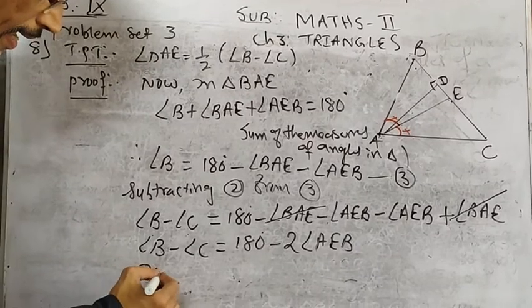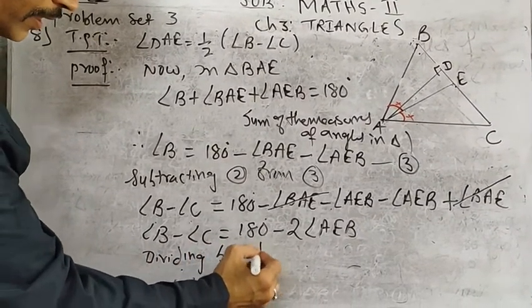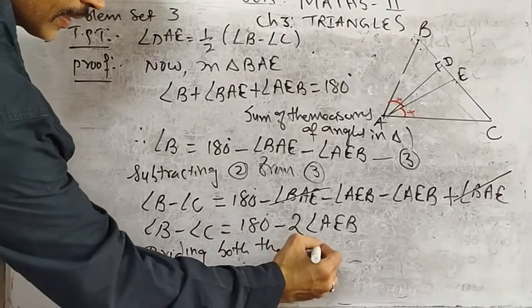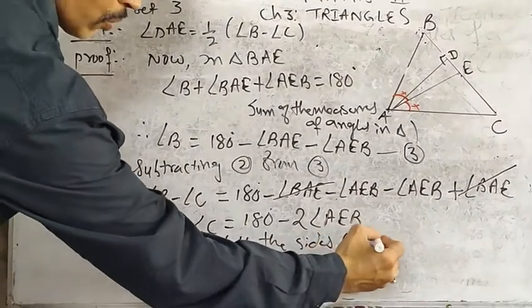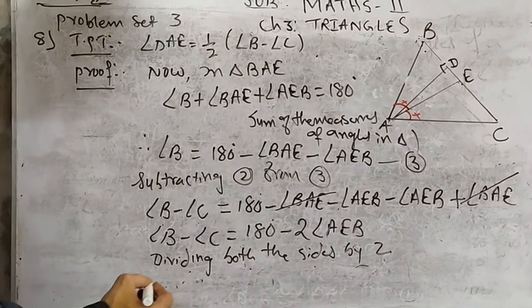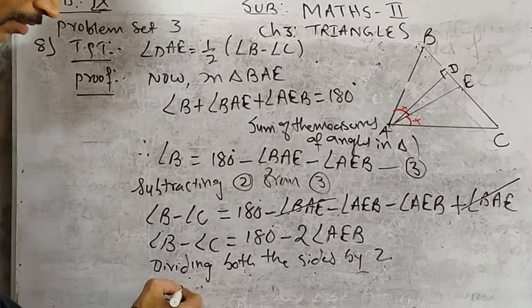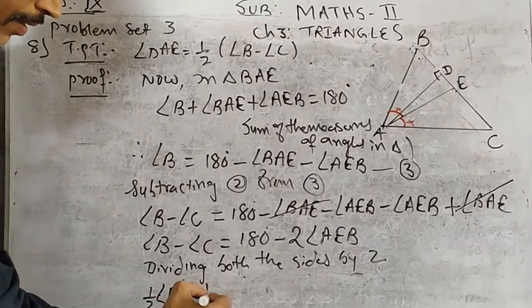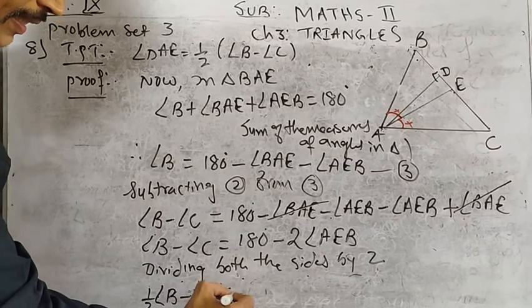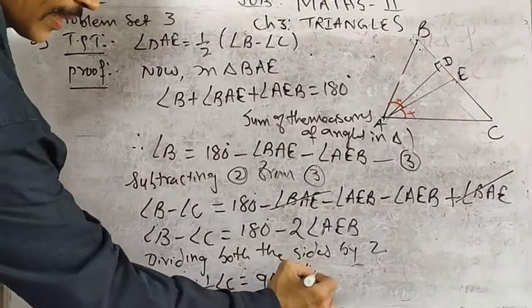Dividing both the sides by 2. If you divide both the sides by 2, you will get 1 upon 2, half angle B minus half angle C is equal to 90 minus angle AEB.